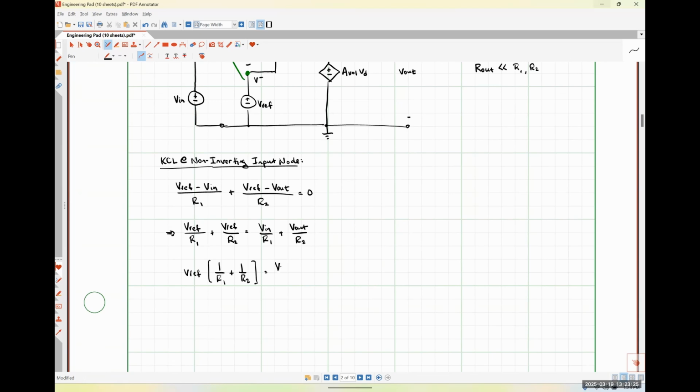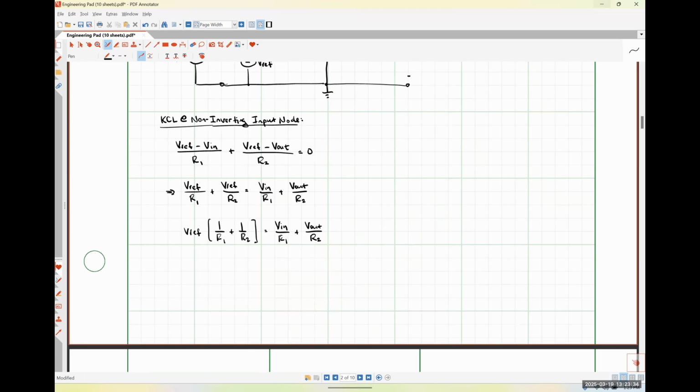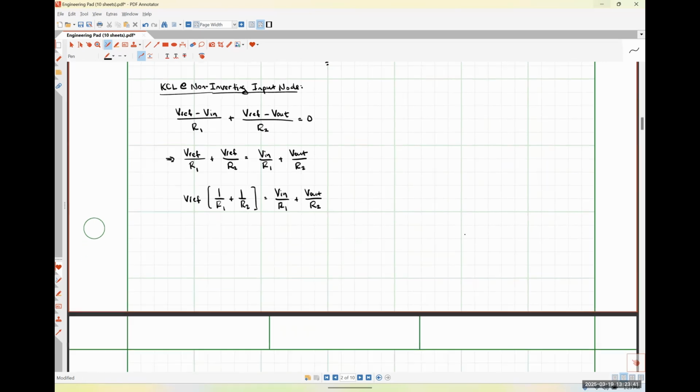That'll be equal to Vn over R1 plus V out over R2. And now I'm going to divide both sides through by 1 over R1 plus 1 over R2. Okay.